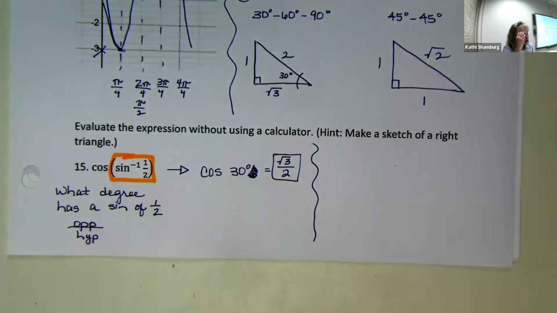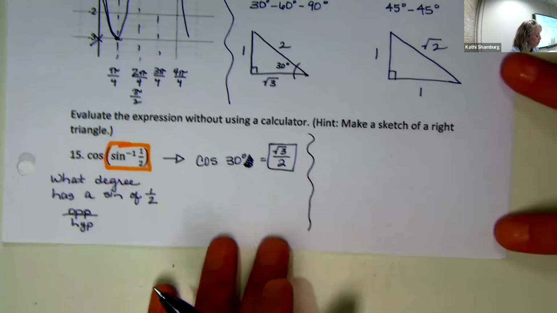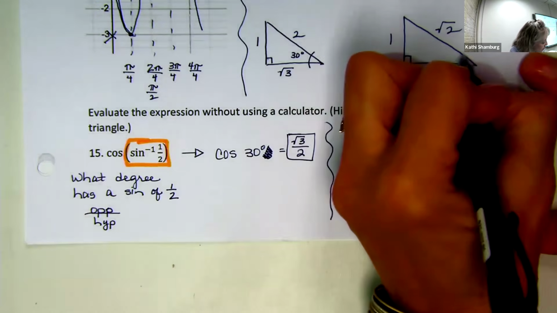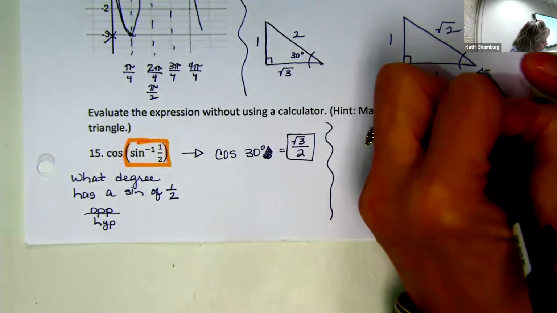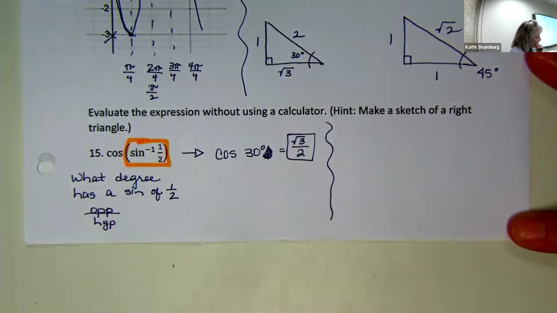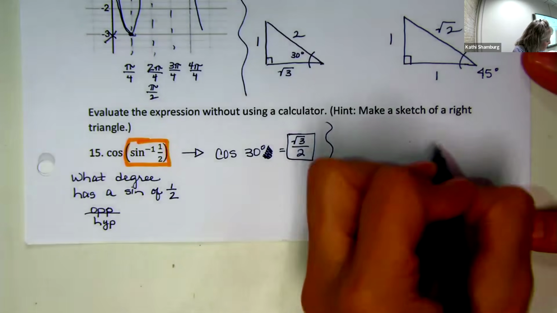Now I do want to talk about something else. We know this is a 45-degree angle, right? If I ask you for the sine, that would be 1 over the square root of 2.